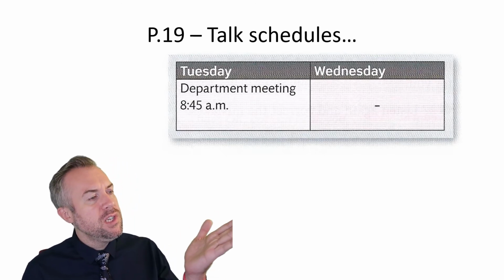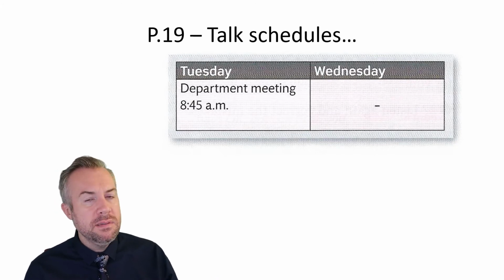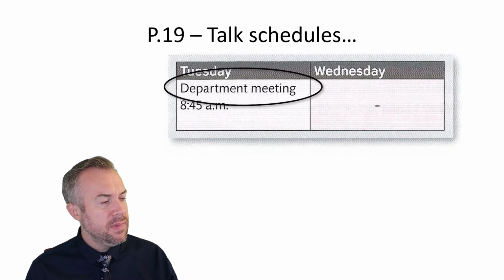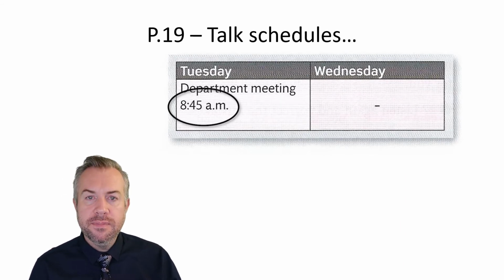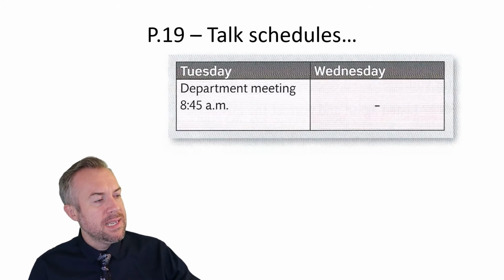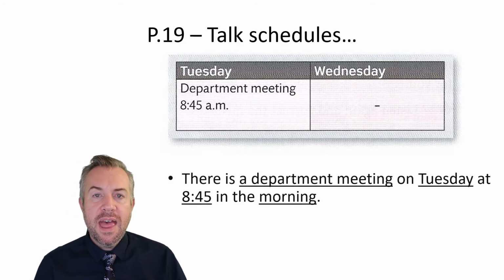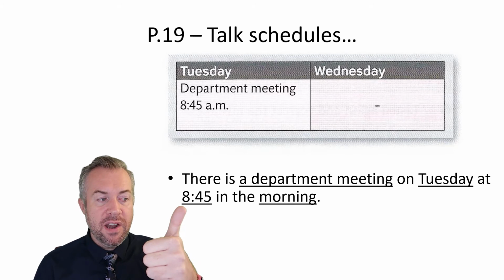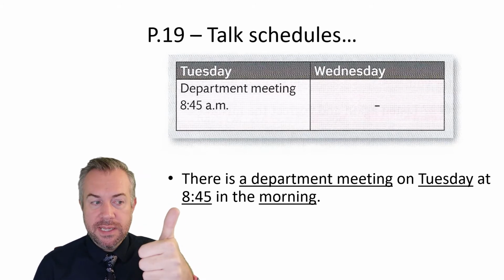First, what information can we see? As we said, we have the day, then we have an event, and then we have the time. To make a sentence about this schedule, we could say, there is a department meeting on Tuesday at 8:45 in the morning. We have the event, there is a department meeting.